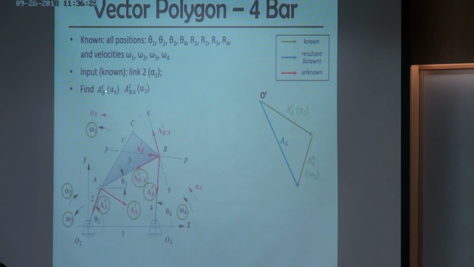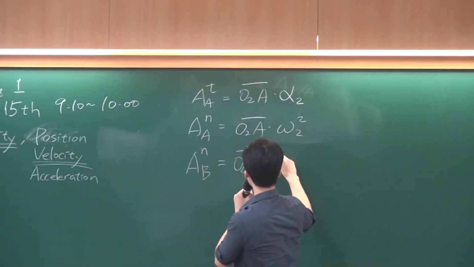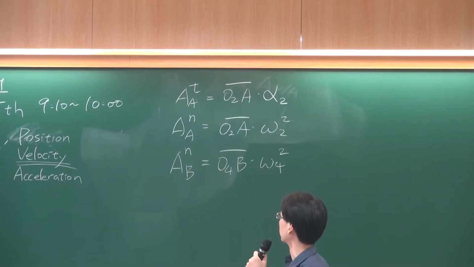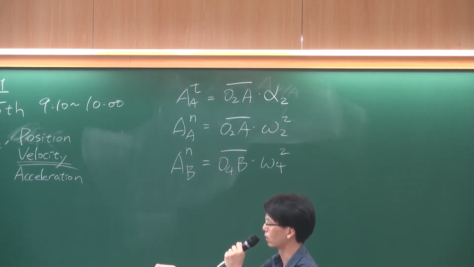To find the tangent component of AB, we can see what we know about B. If you still remember, the normal component or the centripetal component of point B, we can also represent it as something we already know. So it's O4B times omega 4 squared. O4B is the length of link 4.